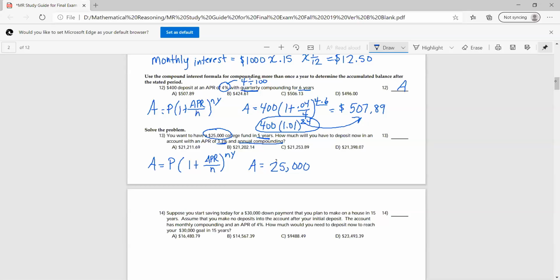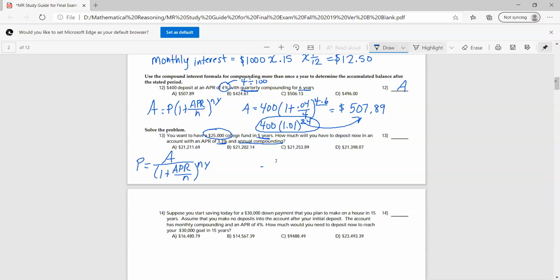And on this one, let me back up. On this one, it says that we are trying to figure out what the payment is. So we're going to need to change the formula. Kind of got mixed up when I wrote problem number 12 down wrong. Let me go back. So we're trying to calculate the payment on this one. Okay, and the payment formula is A over 1 plus the APR divided by N to the NY.